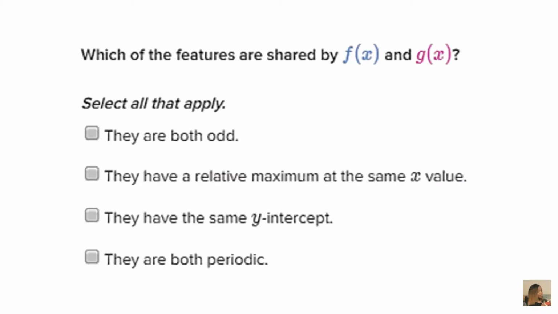Okay, so now after this rigorous series of exercises, we established that both functions have a relative maximum at x equals -3, so that means that option 2 is correct. But f of x and g of x don't share any of the other features listed in options 1, 3, or 4. Okay?